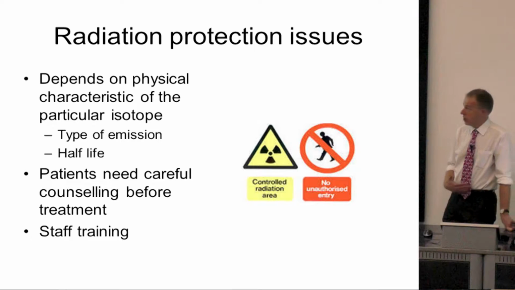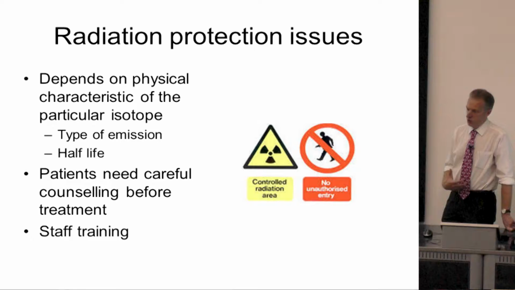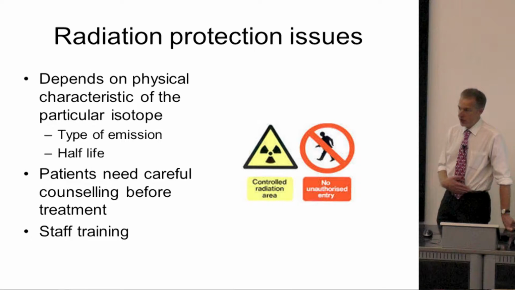Thyroid cancer is quite common in young women, and often women who have young children, and we worry a lot about exposing young children to radiation. So we advise the patients that they can't have close contact with young children for up to a couple of weeks after they've been in for the treatment. Clearly it's no good getting the patient in, giving them the treatment, and then as they go home saying, by the way, you can't be near your toddler for 2 weeks.